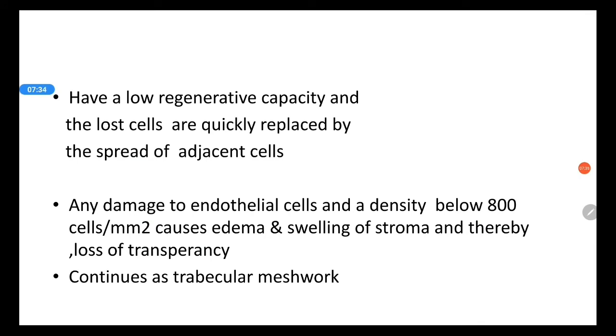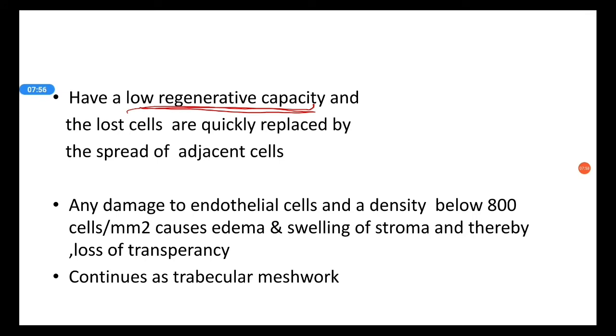Now, the role of the endothelium, as I said, is to maintain the transparency of the cornea. But if for some reason the endothelium is getting damaged, it has a very low regenerative capacity. That means if there is trauma to the endothelium, that endothelium is not replaced with a new endothelium.